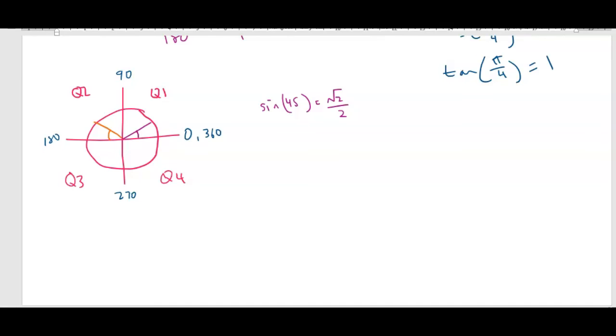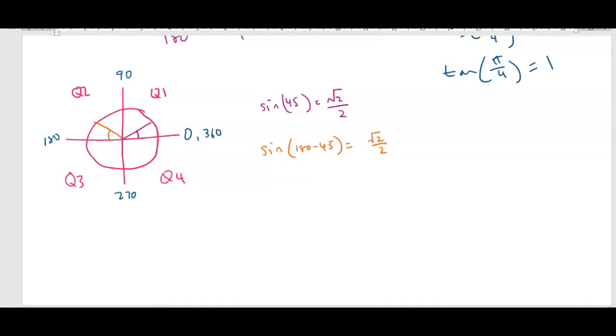Okay, so that angle there, and I'm just doing sine at the moment, is 180 minus 45. So we're using the same reference angle. Because we're using the same reference angle, it's going to be still root 2 on 2, and then you decide whether it's positive or negative.